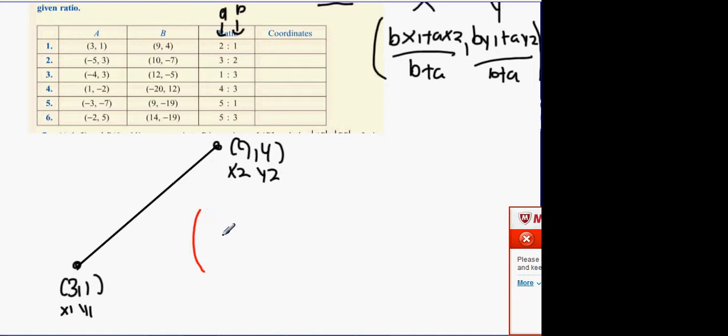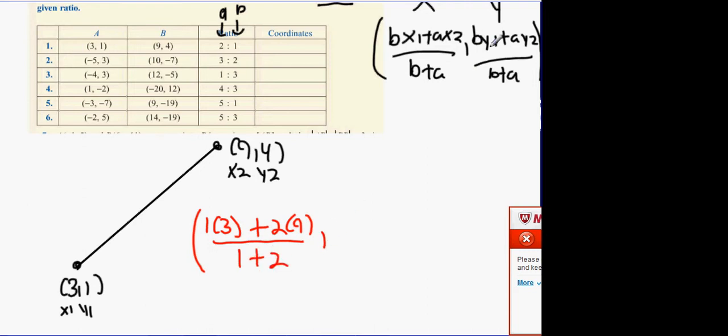So brackets, we're going to have 2 times x1, which is going to be, b is 1, sorry. So it's going to be 1 times x1, so it's going to be 1 times 3, plus a, which is 2, x1 being ax2, so 2 times 9, divided by b plus a, or a plus b, whichever way you want it, so b plus a, 1 plus 2.